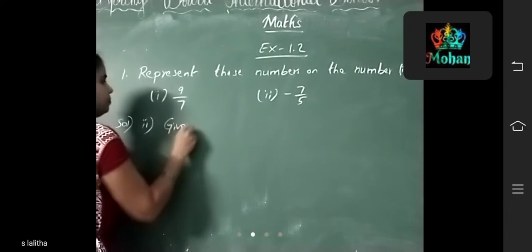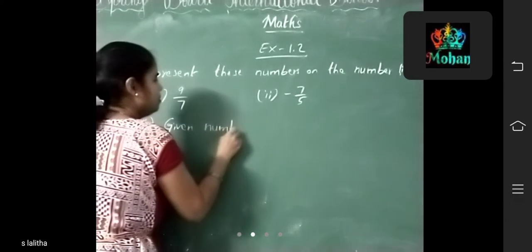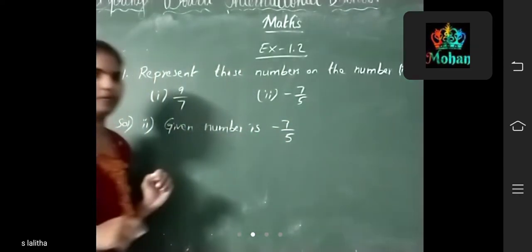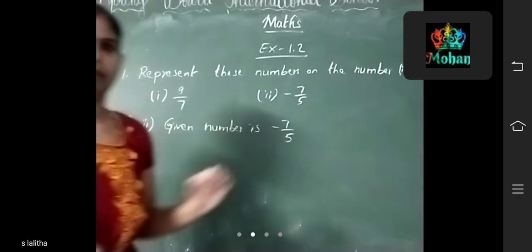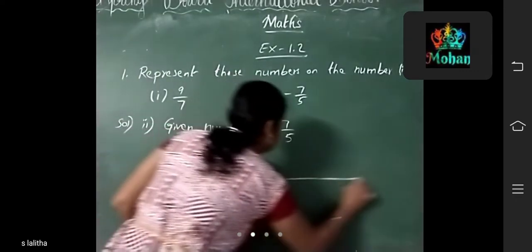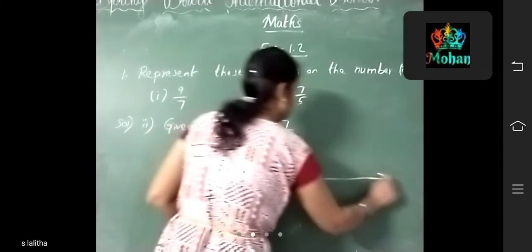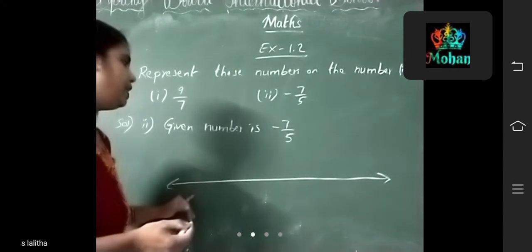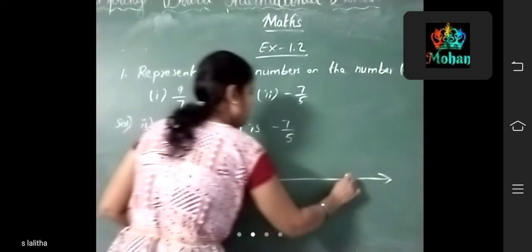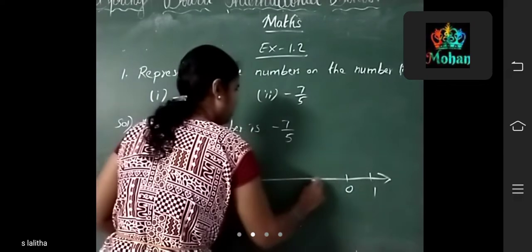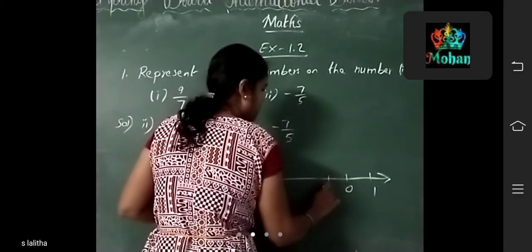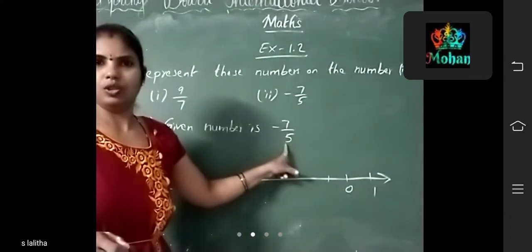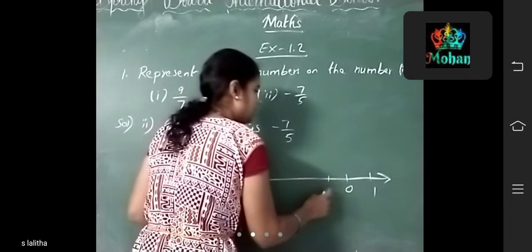So the given number is minus 7 by 5. Now draw the number line. It is a negative rational number, which means you should take negative numbers. So here 0, this is 1. Here the denominator is 5, so you should write 5 as the denominator.